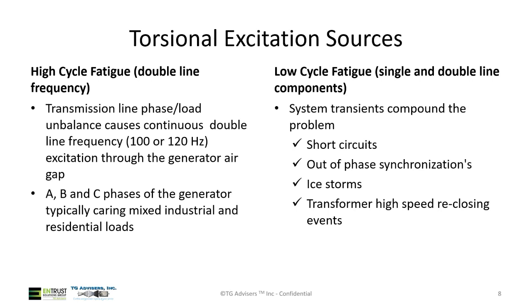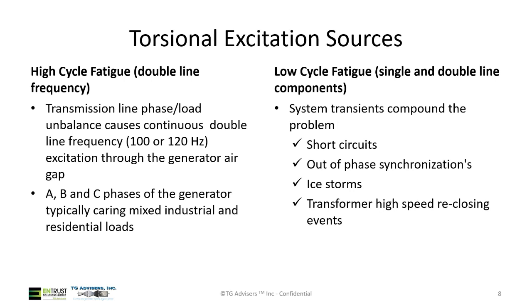The next topic we're going to touch on a little bit is torsional vibration. For those of you that aren't as familiar with torsional vibration, basically it's a phenomenon that was discovered many years ago, and it occurs when you have a transmission line that's unevenly loaded.